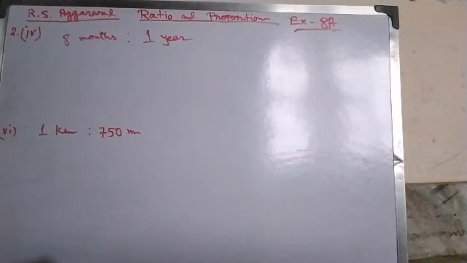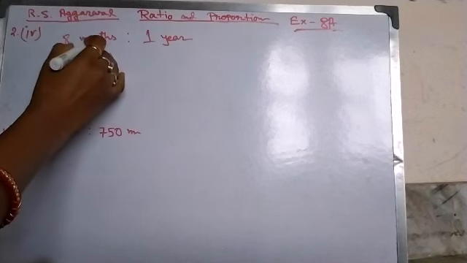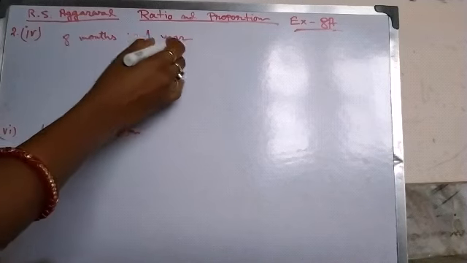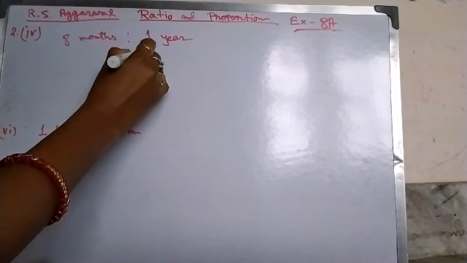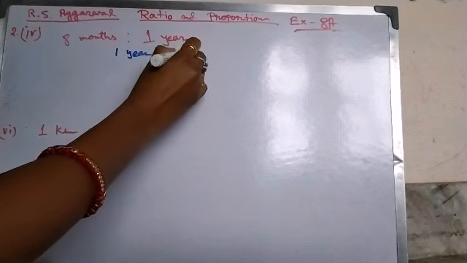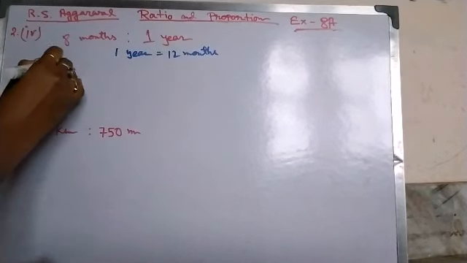Now question number 2, number 4. 8 months, 1 year. So first we have to make the unit same. That means 1 year equal to 12 months. So 8 months.